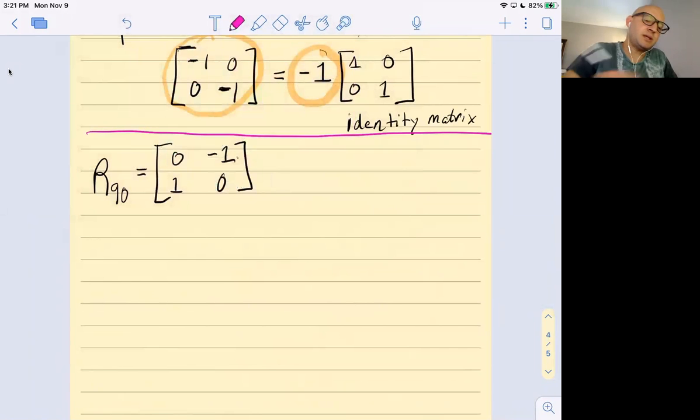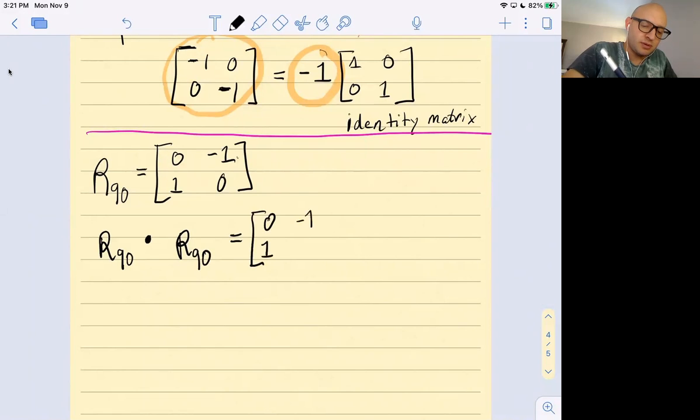Can anyone tell me, let's just do this last thing. What's R90, the matrix, using matrix multiplication times R90? Please just do this really carefully using the trucks into the parking spots and tell me what you get. This is good practice of trucks into parking spots. And this will be the last thing, and then I'll let you guys go after this observation.